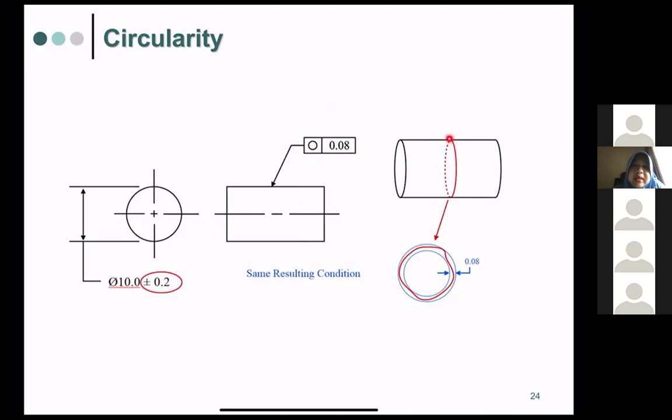So that means the circle may be shaped looking like this. As long as it is within 0.08 for the tolerance, it is still fine. If it is more than that, you have to machine it again to make it smaller.